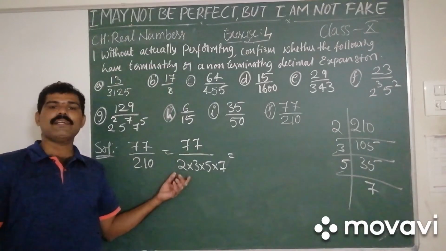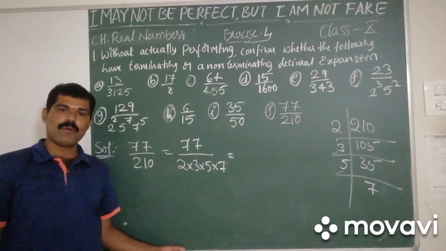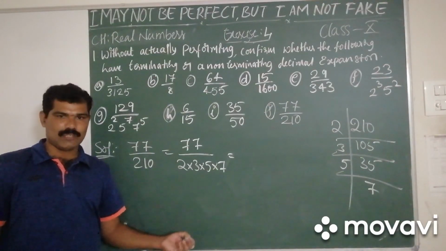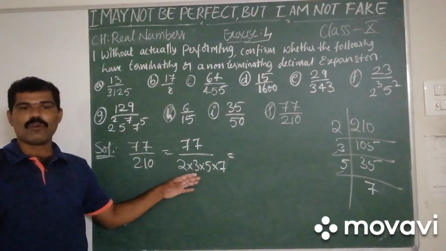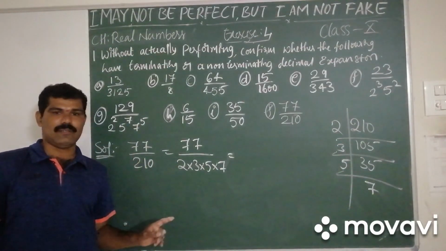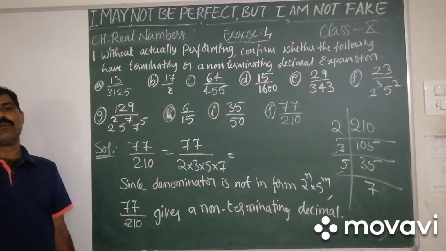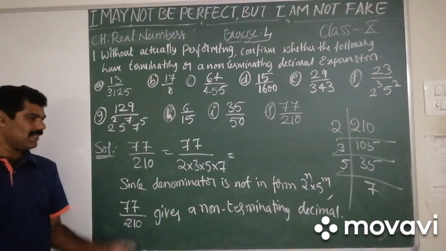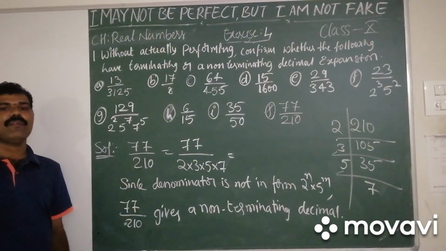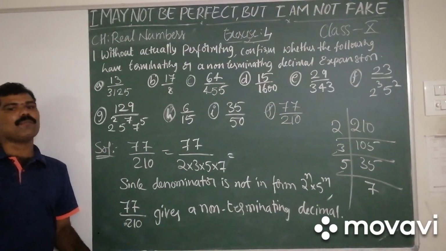So as per the rule, the denominator should be either 2 to the power of n or 5 to the power of m or 2 to the power of n into 5 to the power of m. Okay, na? So it's not following that rule. So this rational number will not give you a terminating decimal. Okay. So since the denominator is not in the form of 2 to the power of n into 5 to the power of m, the given rational number will give you a non-terminating decimal but not a terminating decimal.